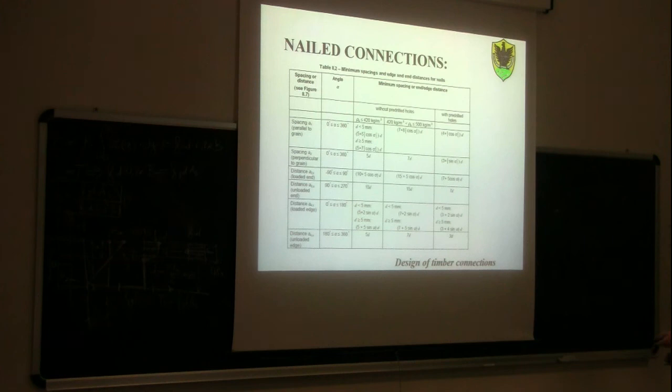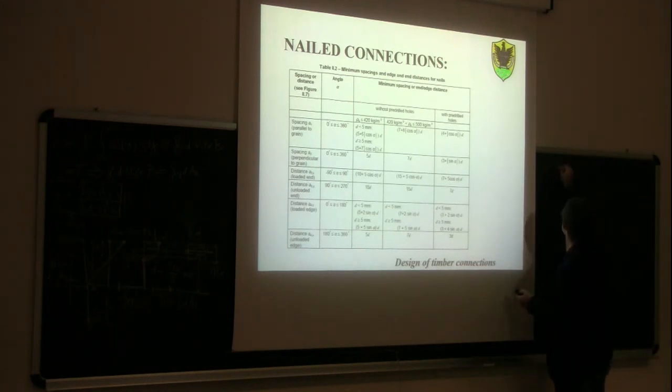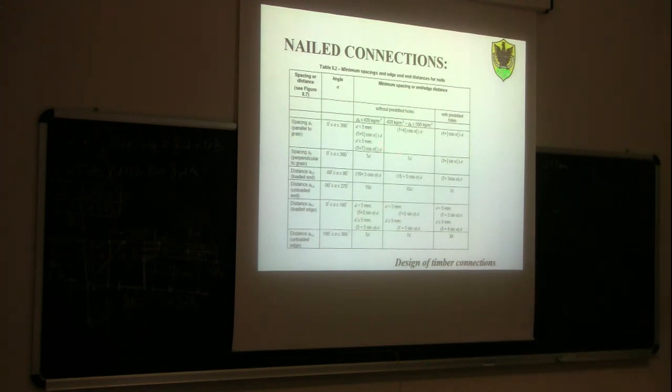So, consider, for example, the case of a 3 millimeter nail, so d equal to 3 millimeters, a very small nail, which is used without a pre-drilled hole, so it is driven directly into the wood. Used without a pre-drilled hole in normal softwood, so spruce, meaning a characteristic density of less than 420 kilograms per cubic meter.